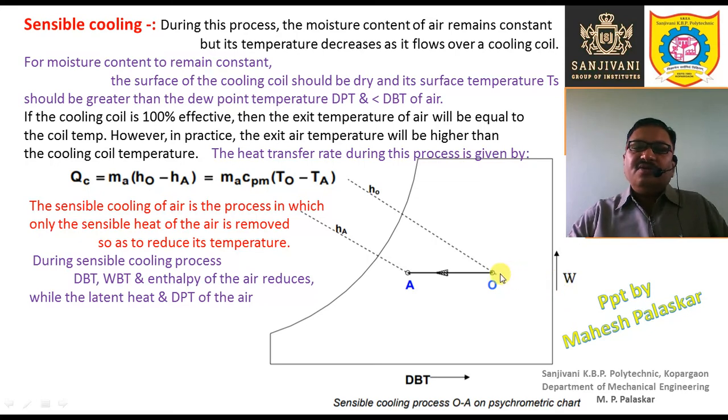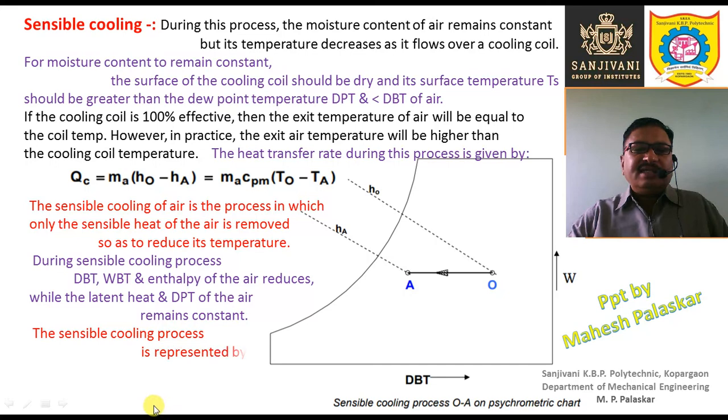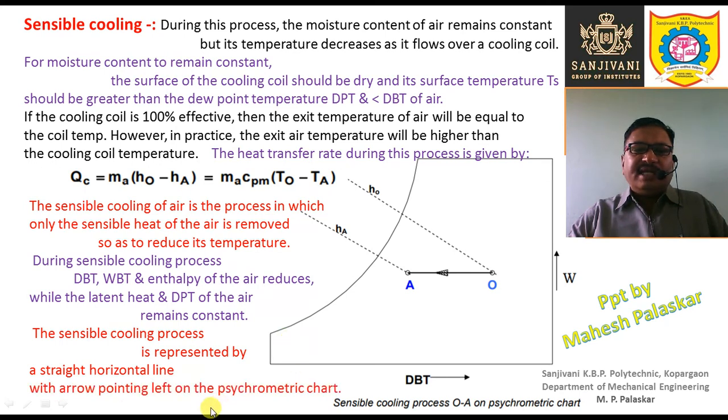Since there is no change in the specific humidity, the latent heat will not change, and the dew point temperature also does not change, because this horizontal line represents the constant dew point temperature, right. So the latent heat and dew point temperature of the air remain constant, and the sensible cooling process is represented by a straight horizontal line with the arrow pointing left on the psychrometric chart. So this is the process sensible cooling.